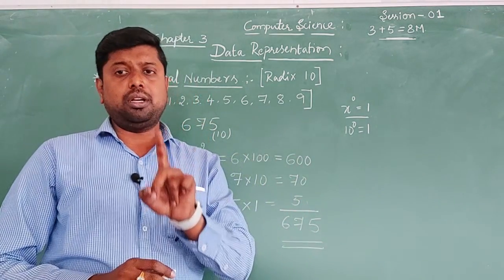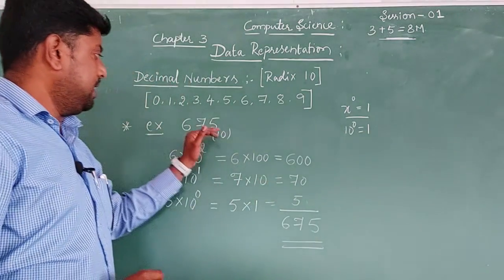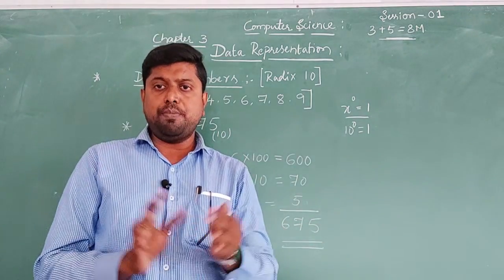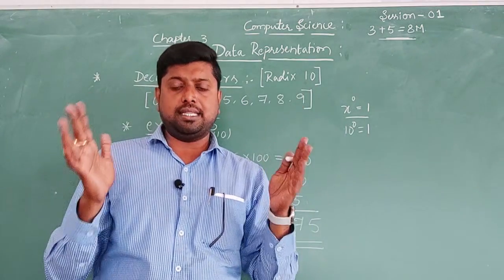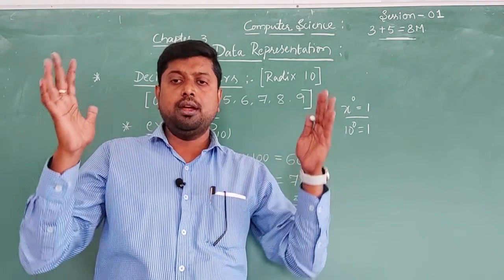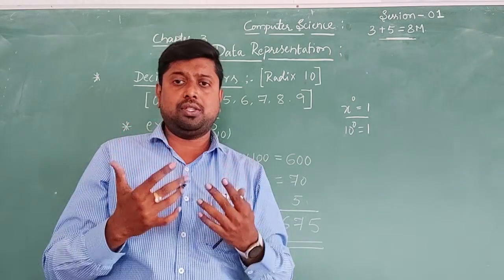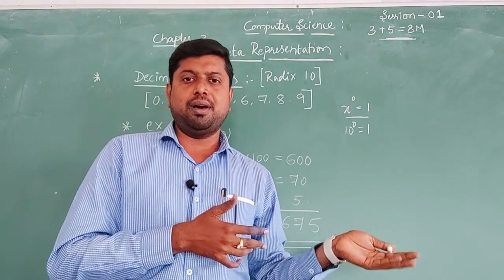But one thing you should remember, dear students: the numbers given here should use 10 digits, 0 to 9. That type of number we can convert into its decimal form.